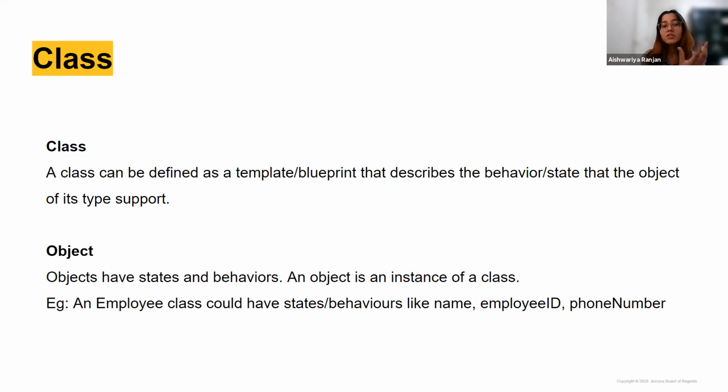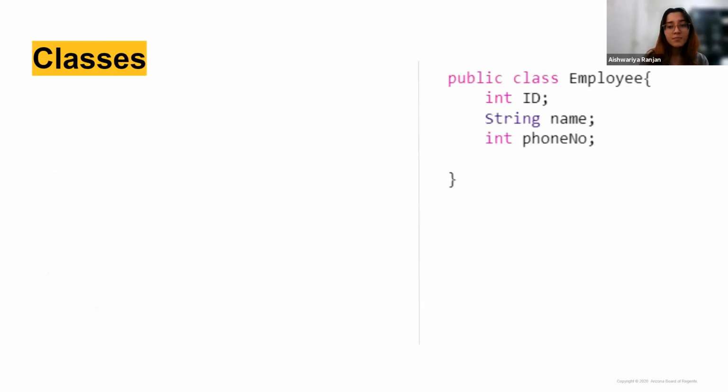I will have all the states and behaviors like name, employee ID, and phone number. So over here, I have defined this class. This is how we define a public class Employee. Remember, when you make a class and put 2 brackets, you don't need a semicolon at the end.